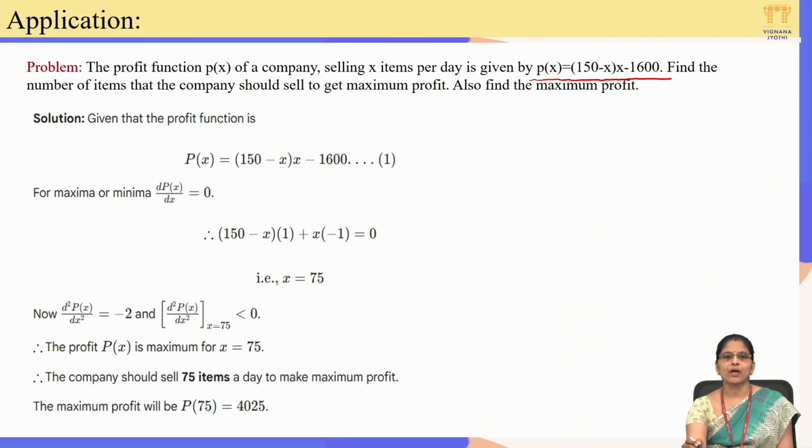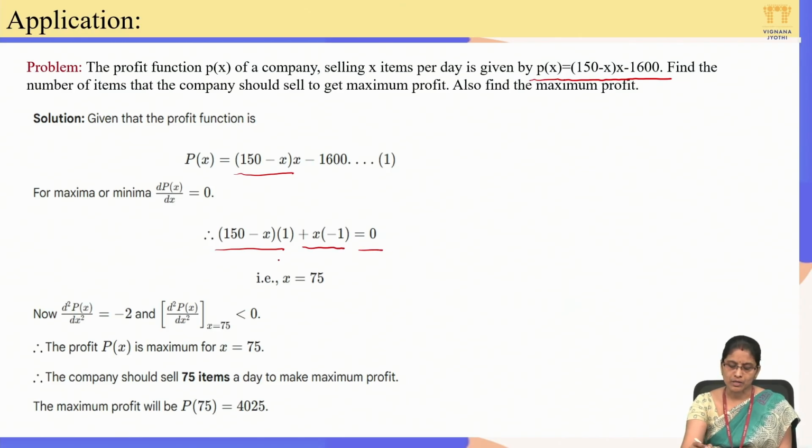First, we take the profit function p of x equal to (150 minus x) into x minus 1600, which we call equation 1. To find maximum or minimum, first we differentiate with respect to x and equate it to 0. Applying the u into v rule, we get (150 minus x) into 1 plus x into minus 1, which is equal to 0.